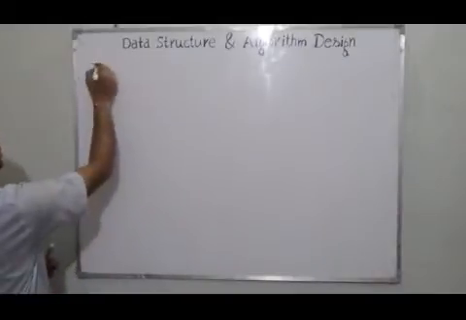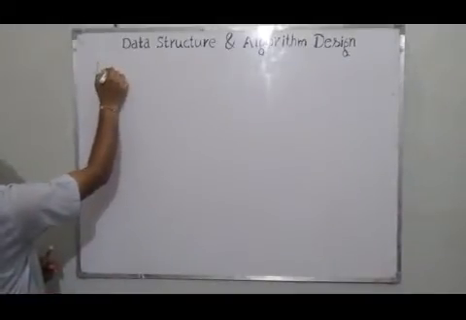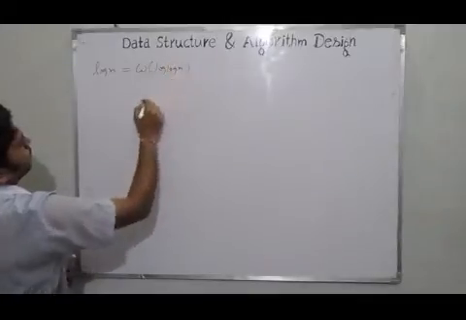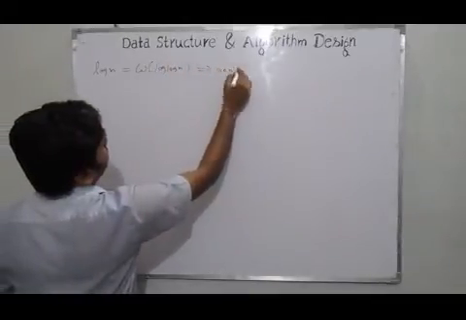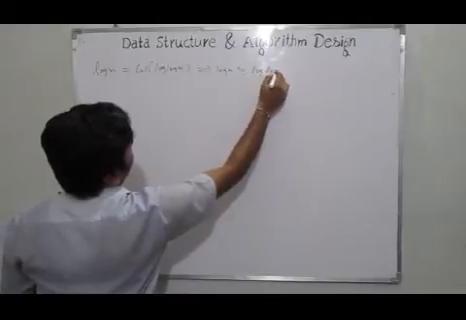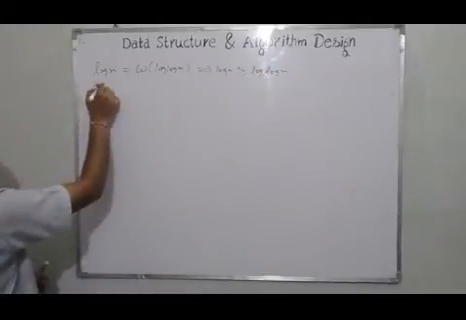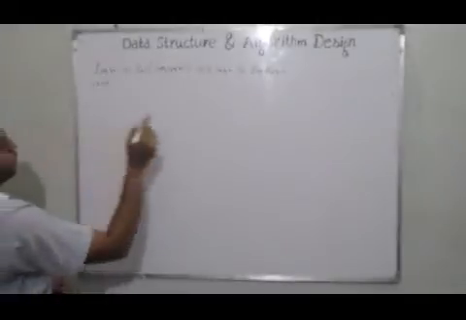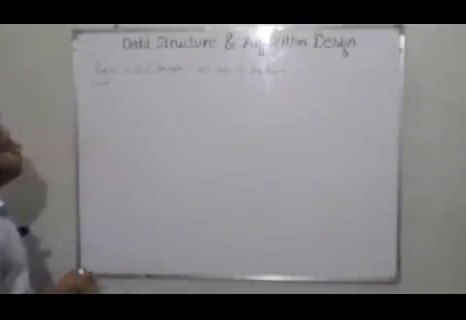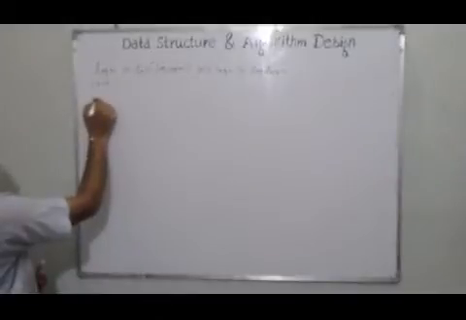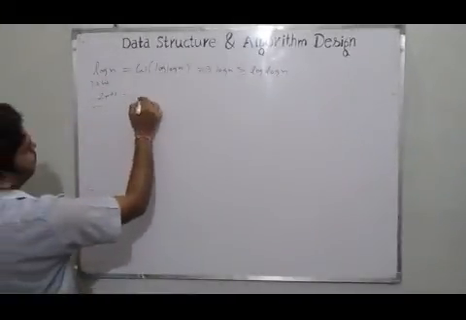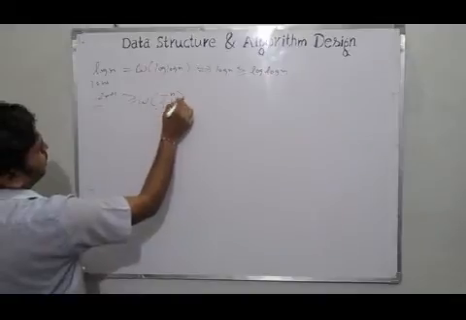Here we can take the example as log n is omega of log n, and this simply implies that log n is always greater than or equal to log n, and it is always true. We can also take an example like 2 raised to power 2n plus 1 is omega of 2 raised to power 2n.